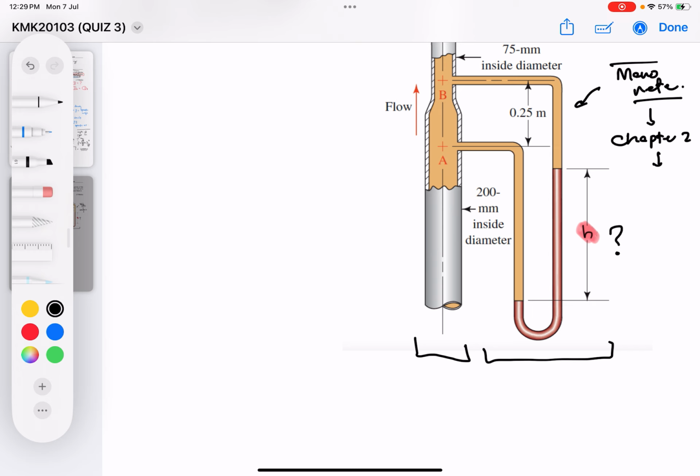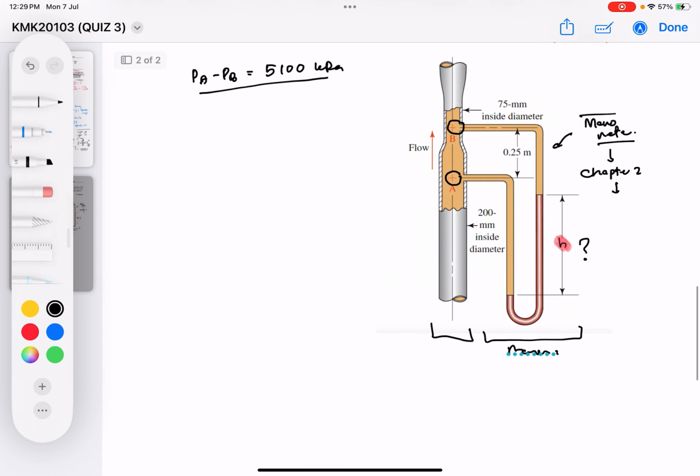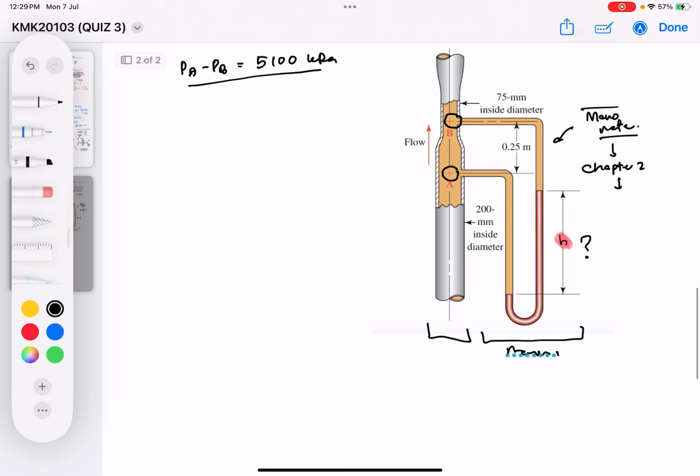Meaning that these manometers measure the pressure difference between point A and also point B. So by applying the manometer concept, I can solve for the value of H, because the question is asking what is the value of H.